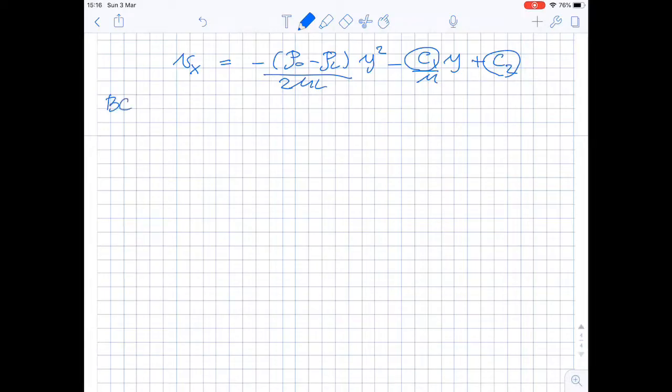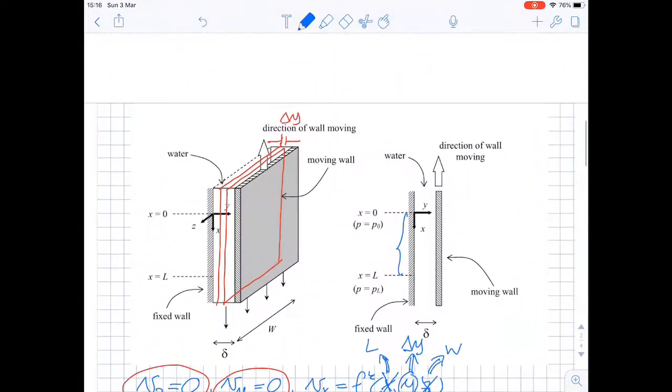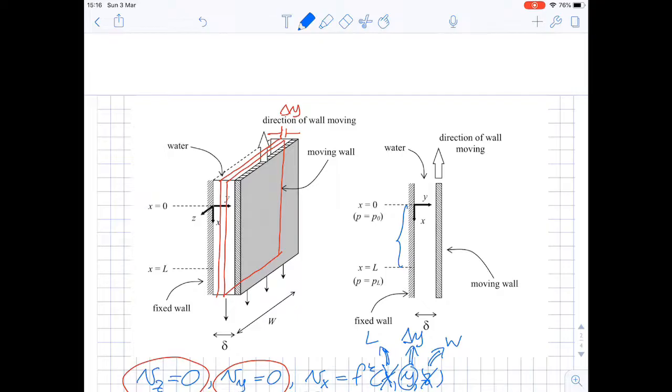So, the first boundary condition, we know that if you go back to the picture here, at y equal to 0, which is this position, velocity Vx is 0 because this particular wall is stationary.